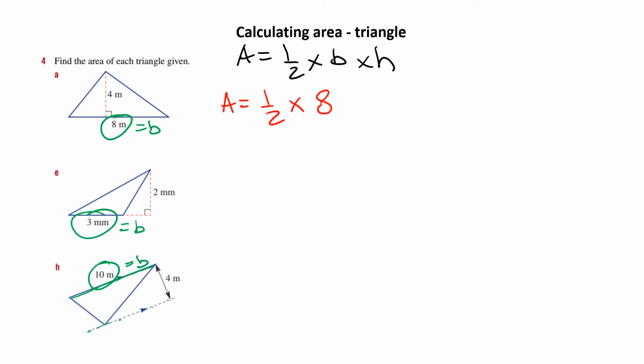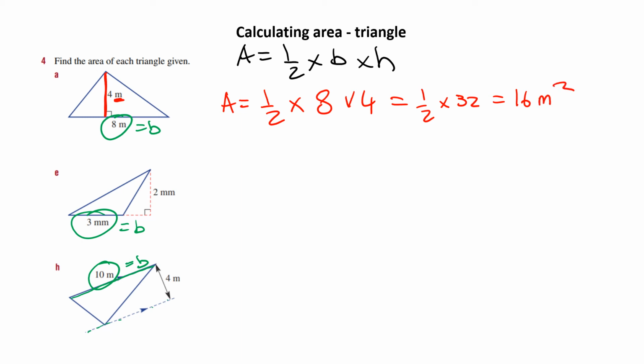Now my height, remember it's the vertex opposite my base, so that's going to be that line there, and that's 4. That gives me half times 8 times 4, which is 32. So it's half times 32, and half times 32 is 16. This is in units of meters, so it's going to be meters squared.